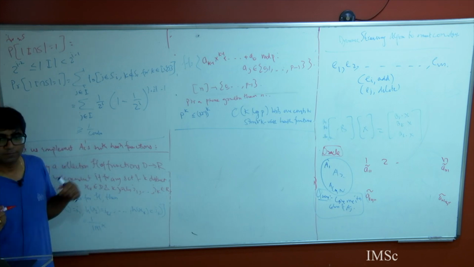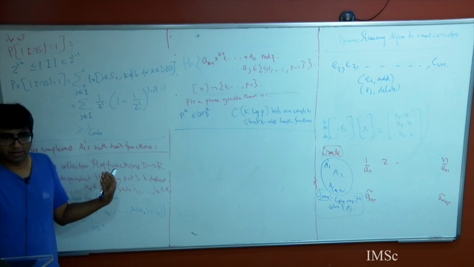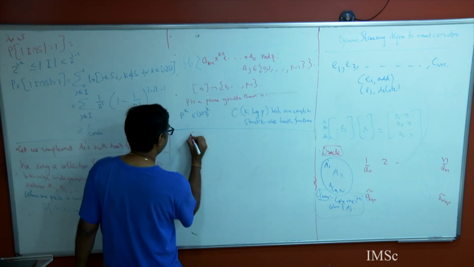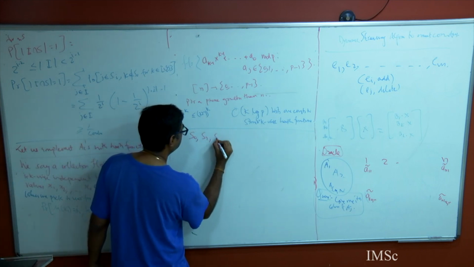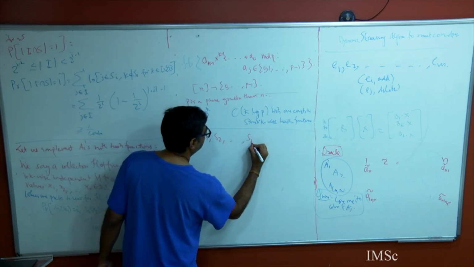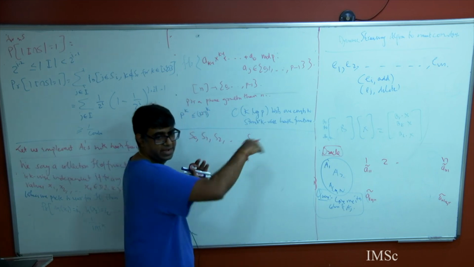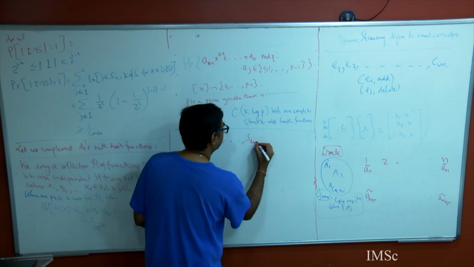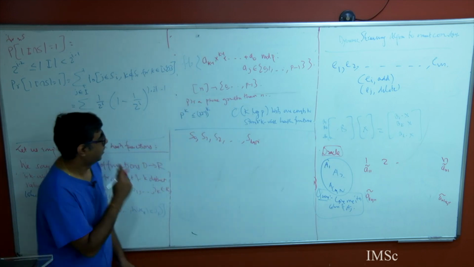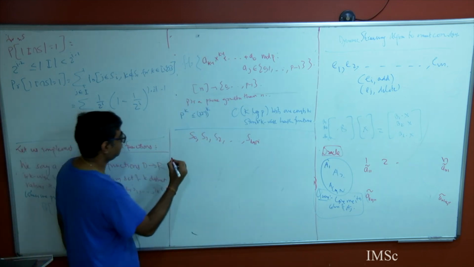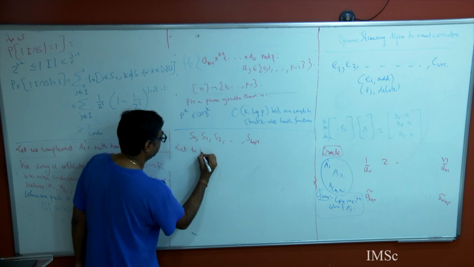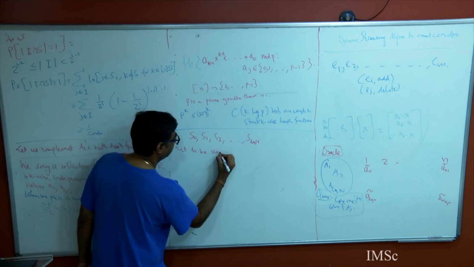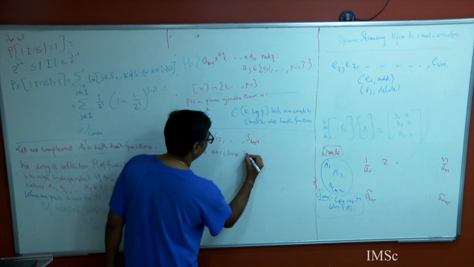So what we do now is define this matrix A, which is the same as defining S0, S1, S2, up to S_log n, the indexes where it is 1 and 0 otherwise. So let h be a uniformly at random chosen 2-wise hash function.